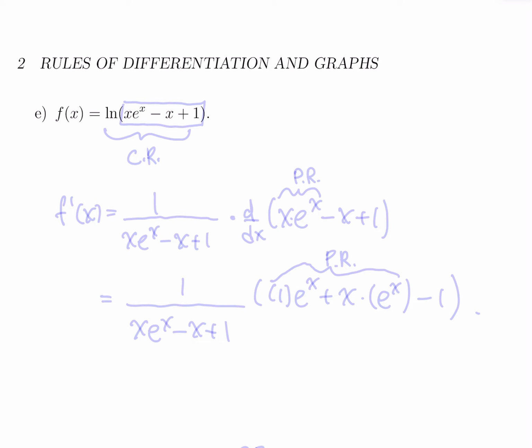So here we go. f of x is ln of x times e^x minus x plus 1. First thing I notice is that everything is inside the logarithmic function. This is initially a chain rule.